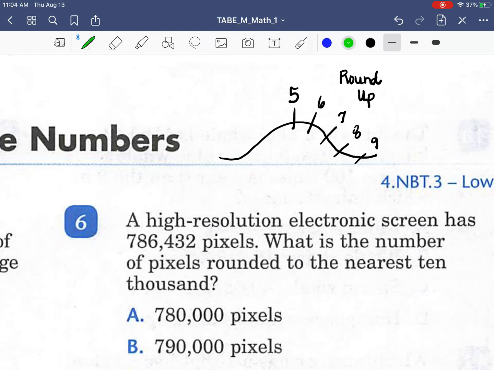Then on the other side, you have 5 digits also. You have 4, 3, 2, 1, but don't forget about 0. So you have 5 on the round up side and you have 5 on the stay the same.